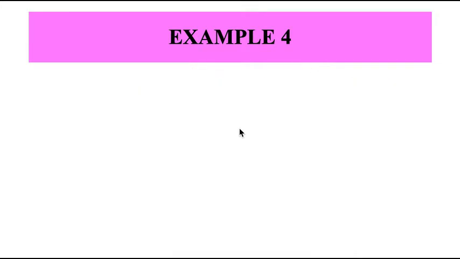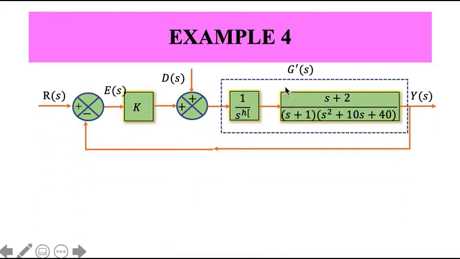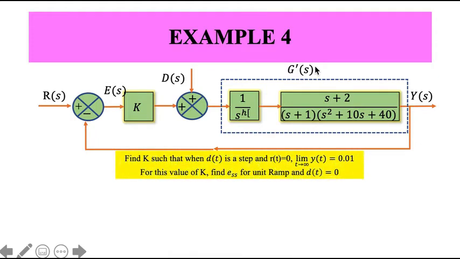Okay, so let me call this block g dash s, and the second part, I want to find out k such that when my disturbance signal is step and reference r(t) is 0, the limit as t approaches infinity of y(t) is equal to 0.01, right?